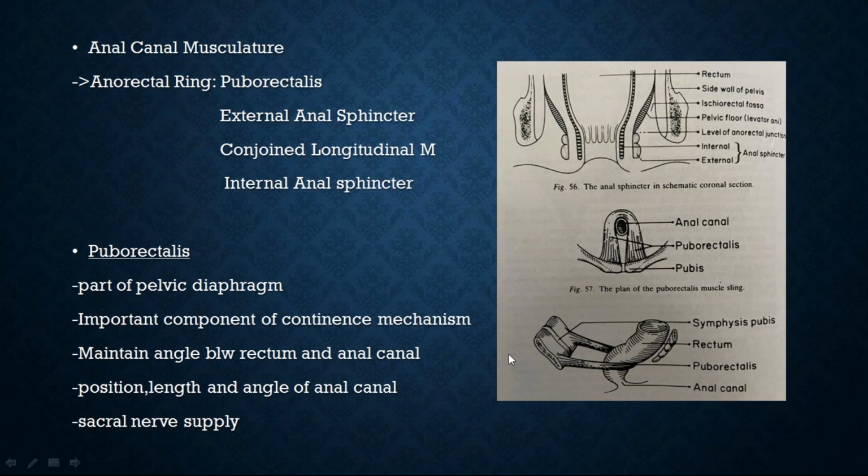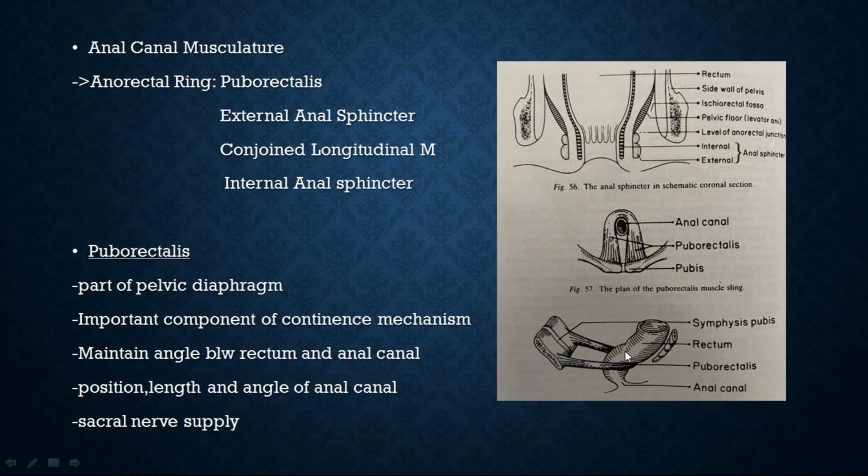Puborectalis forms a part of the pelvic diaphragm, and it is an important component of the continence mechanism, controlling defecation. In humans in the resting position, it creates an angle between the rectum and the anal canal. It forms a sling. So by this, the feces collected in the rectum does not come into the anal canal, because of this sling closing.